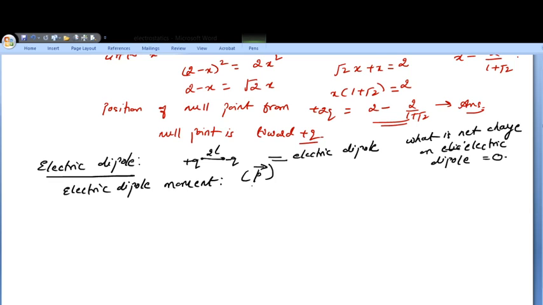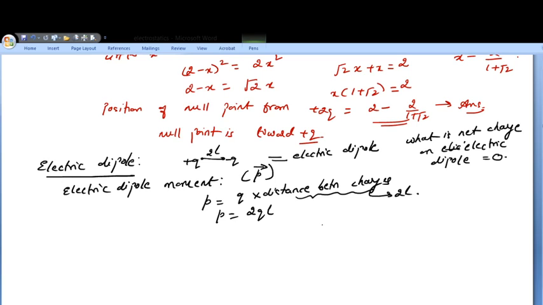Electric dipole moment is given by the product of the magnitude of either charge and the distance between the charges. So I'll say P is equal to 2qL, because the distance between the charges I have taken as 2L.